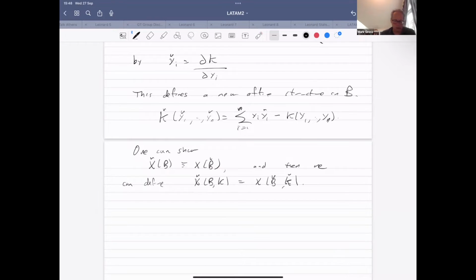So now, roughly, we have X of B, K and X check of B, K as dual special Lagrangian fibrations.